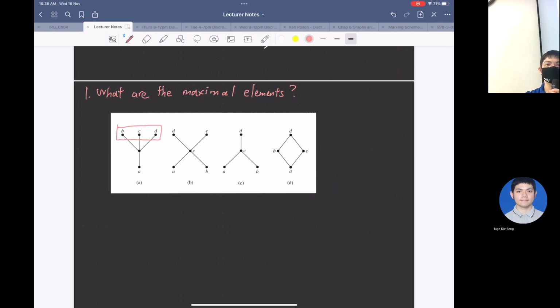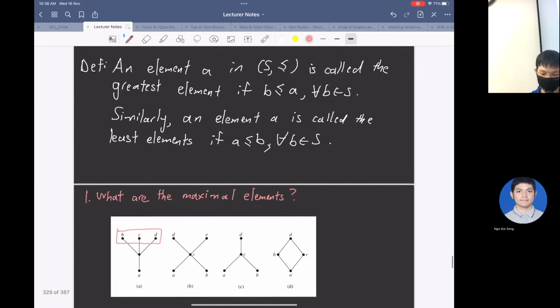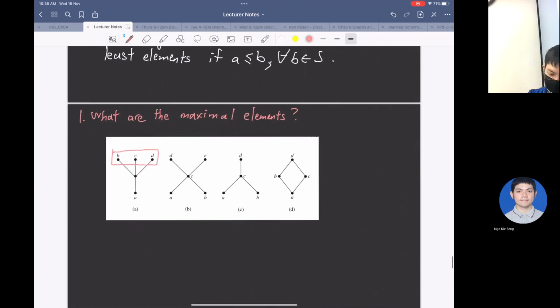Maximal elements are normally the top guys.